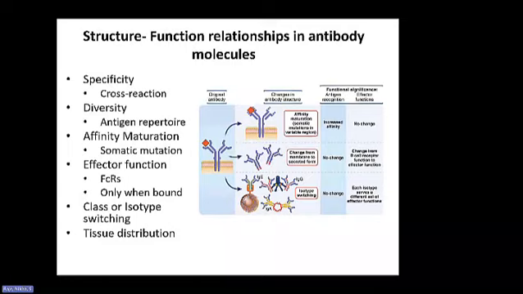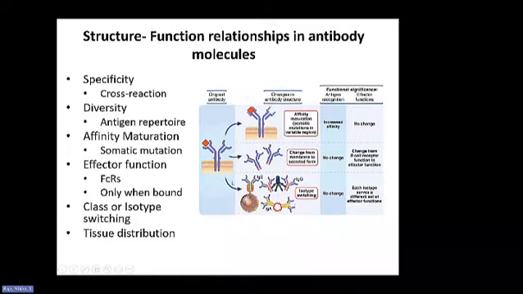Here we are looking at the structure and functional relationships in antibody molecules. Let's look at the original antibody here, and depending on the changes in the antibody structure, we can see how the affinity can change and the effector functions can change.